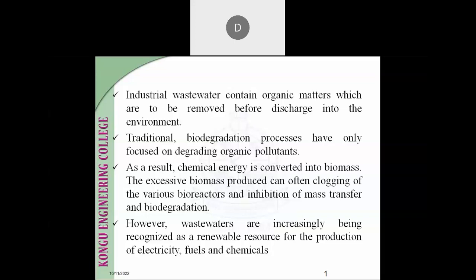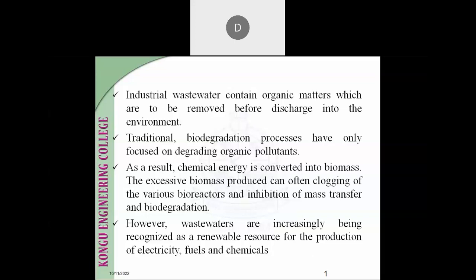So as a result of this burning, what will happen? Renewable energy and carbon neutral sources are substitutes for fossil fuels, which are expected to address global climate change and also the energy crisis.